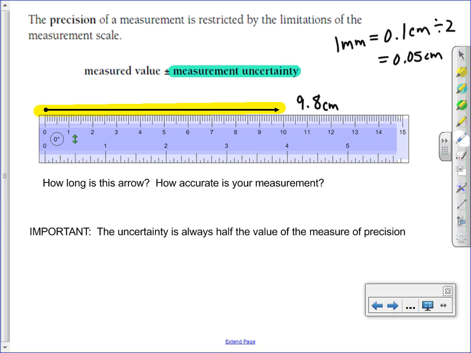So we can say that this 9.8 centimeters is accurate, but we say plus or minus, give or take, 0.05 centimeters. We always take the most we can accurate and then cut it in half, and that is called your measurement uncertainty. And that allows us to be accurate in the reflection of our measurement.